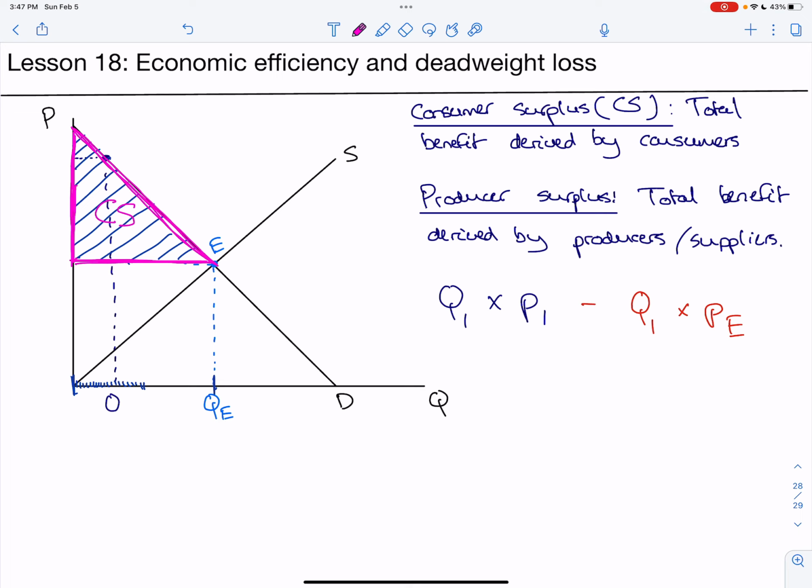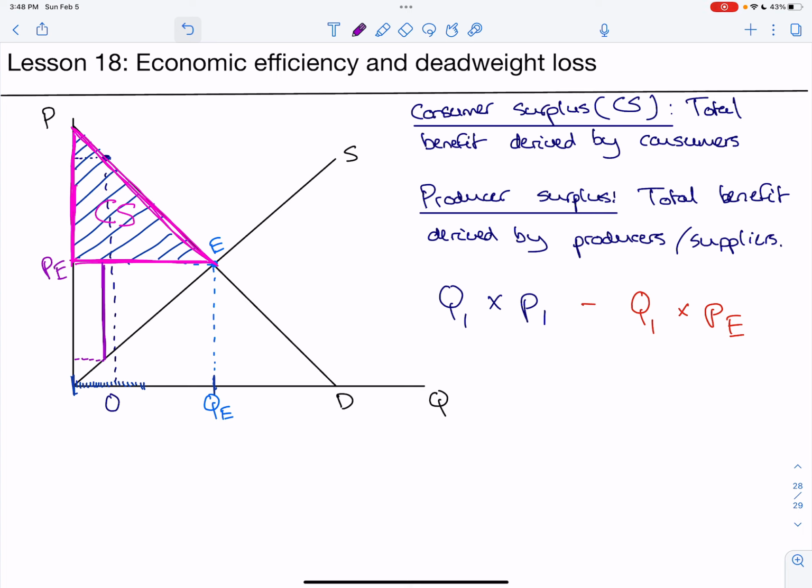Okay? Now, I could do the exact same exercise on the producer side, right? I could say that the producers are willing to sell some good at this price, but they get to sell it at price PE, so they derive a little bit of benefit here, right? Same thing at this price, and this price, and this price, and this price, etc. And I could do that for that entire triangle.